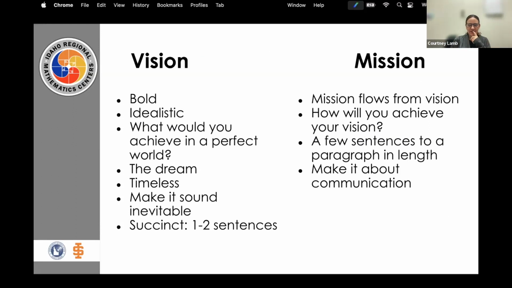This is our vision. And then make it succinct, a little bit smaller. Like you said, get their attention. It's like your very tiny elevator pitch. If someone asked you and you had one or two sentences to say what you want to achieve, that's what you would do. And then your mission flows from your vision. So you come with your big, bold vision, but then, okay, how are we actually going to do this?